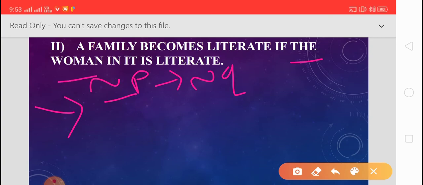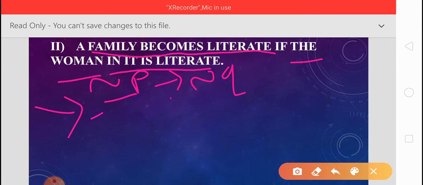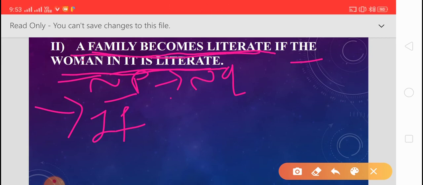If the woman in a family is not literate, then the family does not become literate. This is the inverse of the given statement.